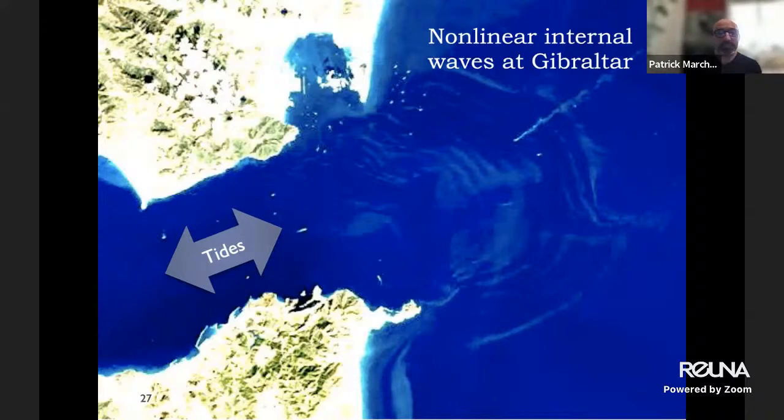And I will now address some problems that are a bit more complex, that are using the fundamental processes, but within a more realistic configuration. One of them is the case of nonlinear internal waves at Gibraltar, and I will go very quickly on that one because it will be presented after by Laurent Rogout.